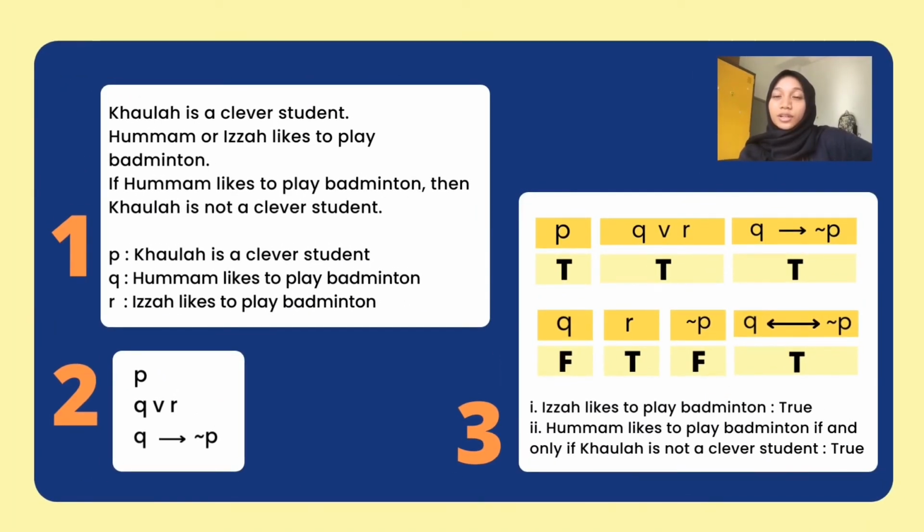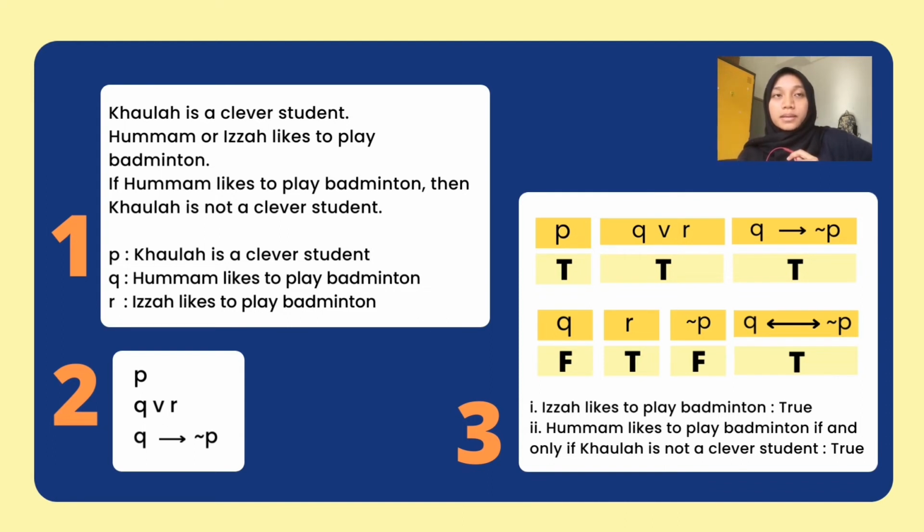Okay, let me tell you how to answer this question. Kaula is a clever student. Humam or Izzah likes to play badminton. If Humam likes to play badminton, then Kaula is not a clever student. So from those statements, we could say that P is Kaula is a clever student, Q is Humam likes to play badminton, and R is Izzah likes to play badminton.